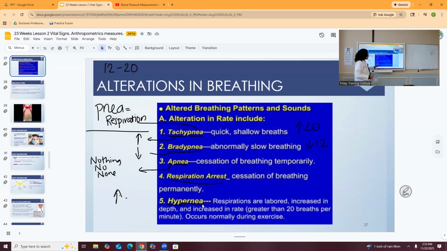But hyperpnea is going to be quick, deep, and elaborated. So I'm going to be like, I'm feeling a lot of difficulty doing it, but I'm going to try to do it quick because I feel like there's not enough oxygen coming inside.